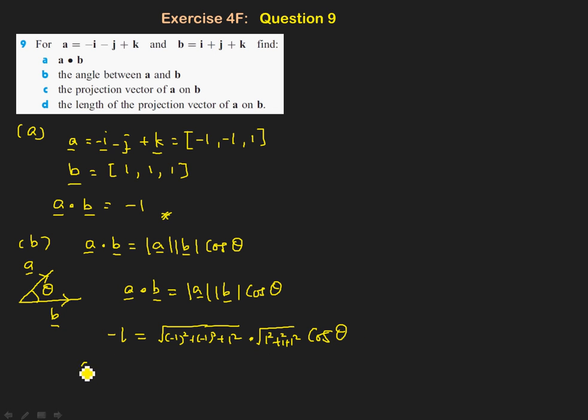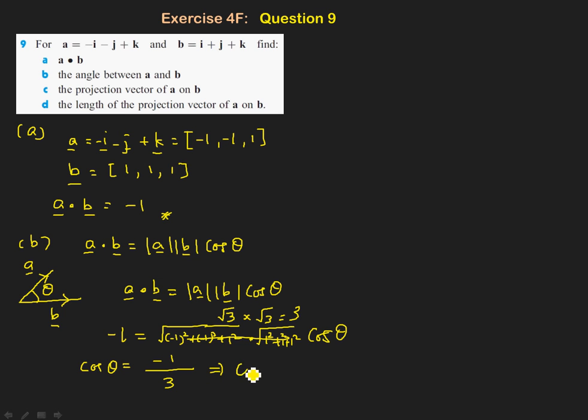So cosine theta is therefore -1 over 3, since square root of 3 times square root of 3 is 3. Then when we perform some simple algebra, we get this.